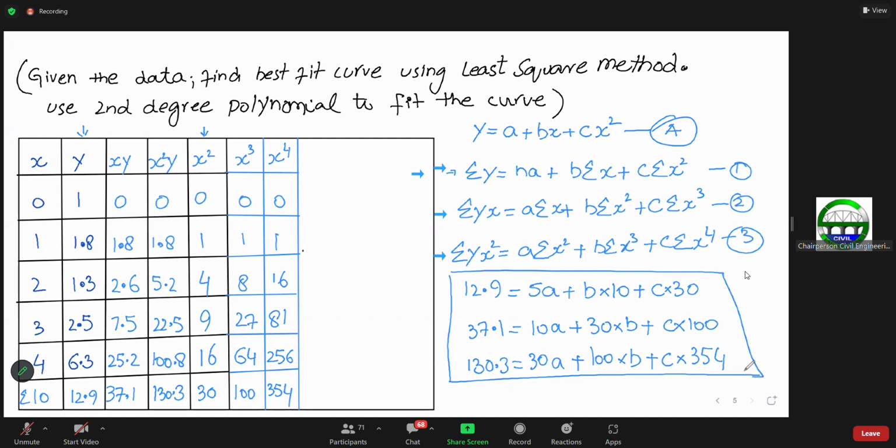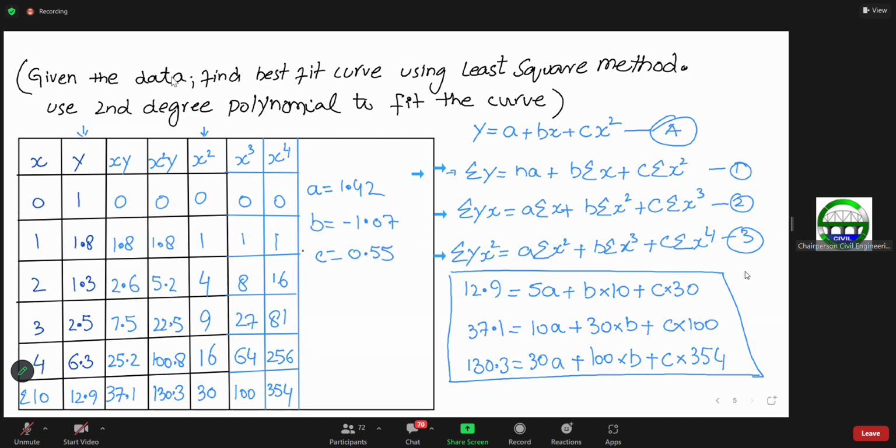Now, if you guys try to solve this one, who can solve this one? Okay, so maybe in the exam you already have a calculator that can solve three equations like this one. If you solve with the help of a calculator, you will find that a will be equals to 1.42, b will be equals to minus 1.07, and c will be equals to 0.55, right?